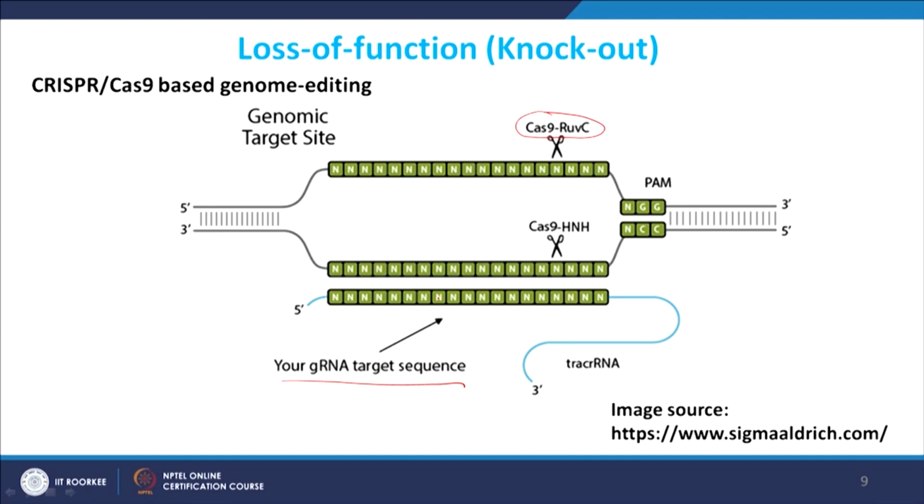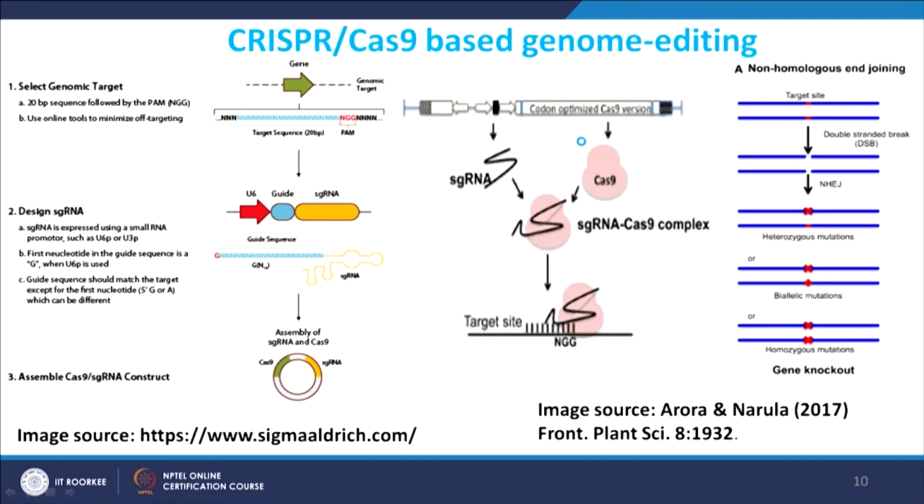So you can design a very targeted guide RNA, and then express this guide RNA along with the Cas9 protein. Maybe that will be clear here. Let's assume this is your gene and you want to edit, or disrupt, this gene. You can choose a target sequence, typically here, and there is one requirement, which is called the PAM sequence.